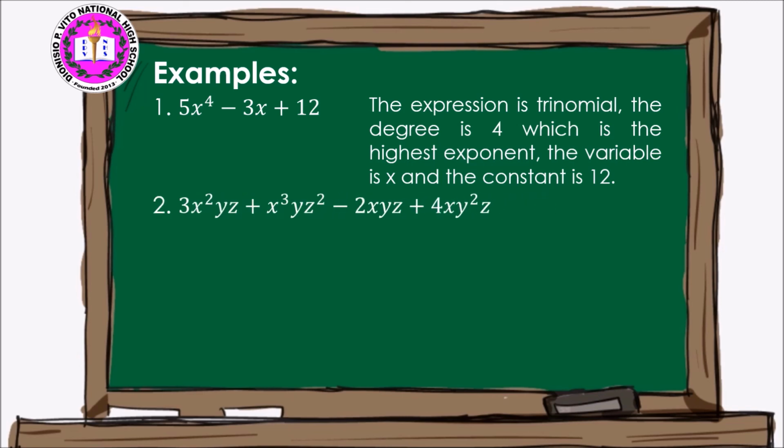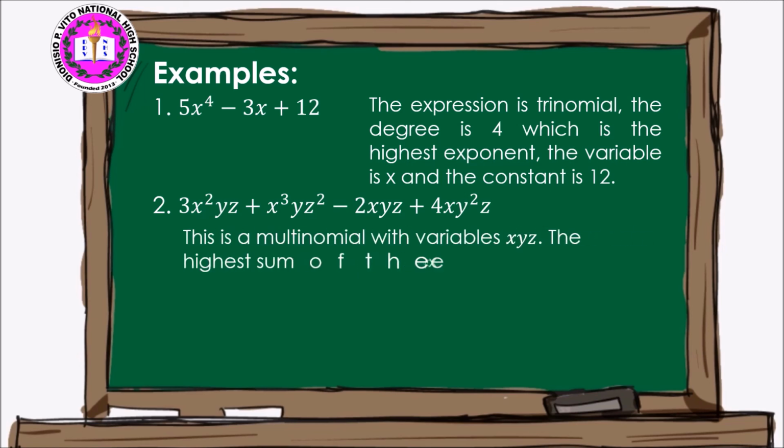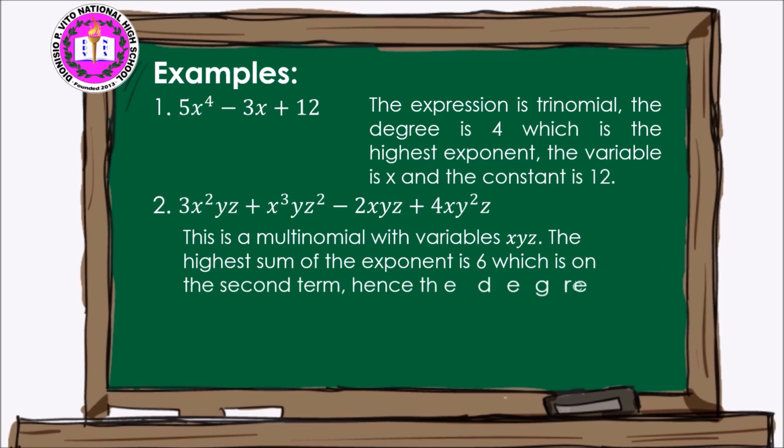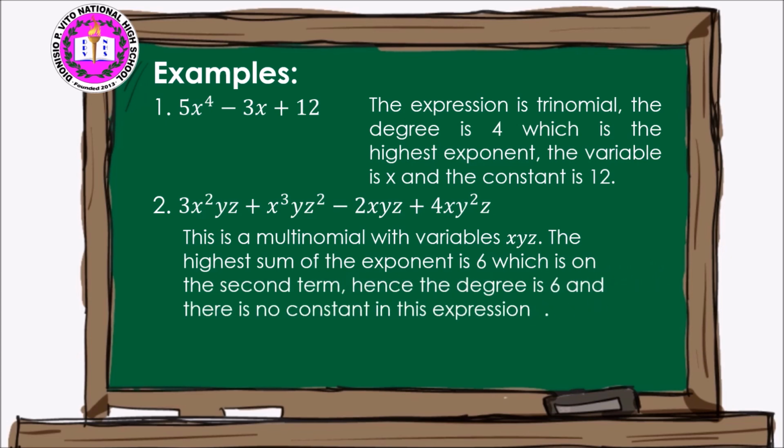Next example is 3x squared yz plus x cubed yz squared minus 2xyz plus 4xy squared z. This is a multinomial with variables x, y, and z. The highest sum of the exponents is 6, which is on the second term. Hence, the degree is 6 and there is no constant in this expression.